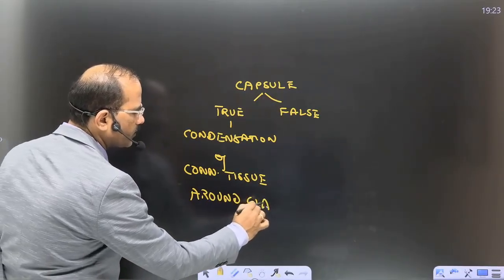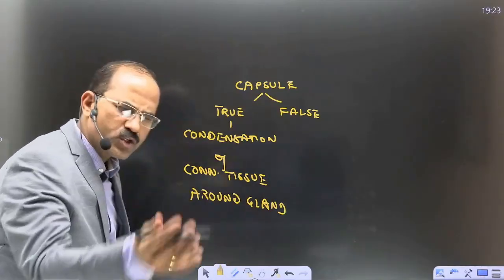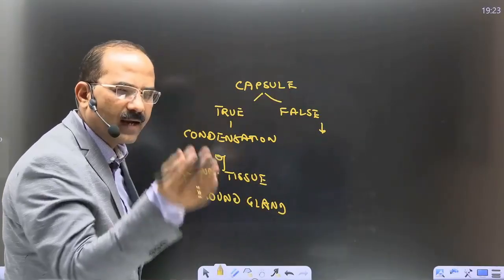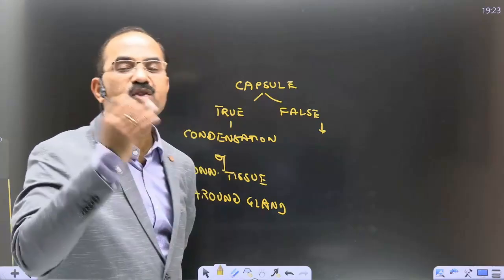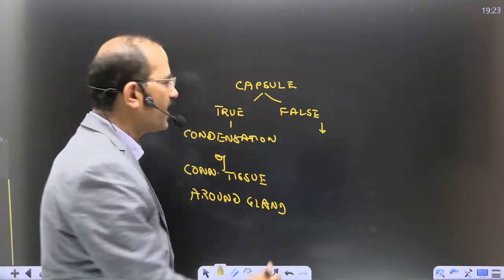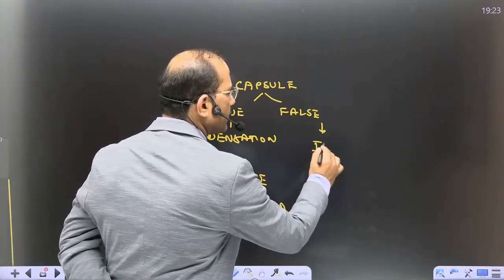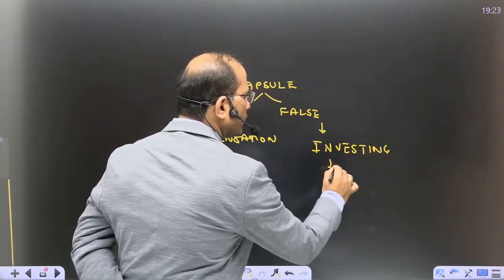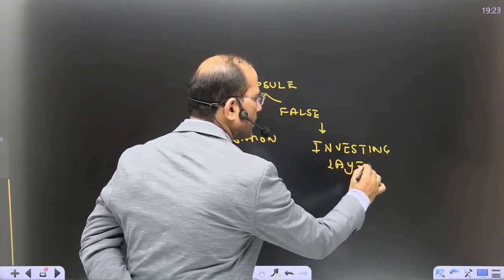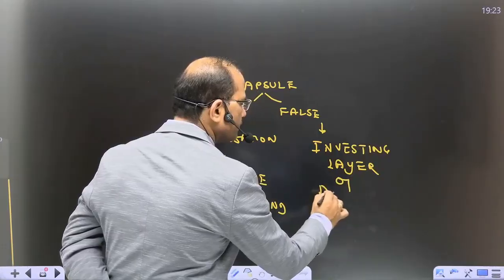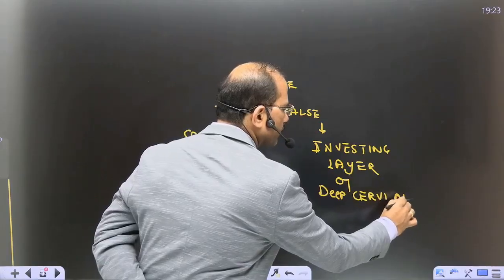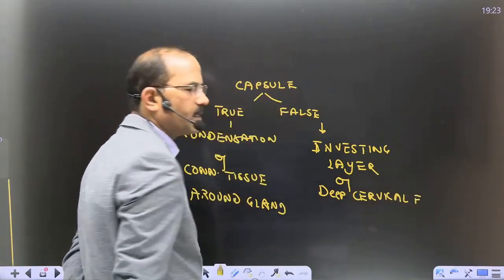And the false capsule is formed by the fascia which covers the gland. The fascia which is going to enclose the parotid gland is the investing layer of deep cervical fascia.